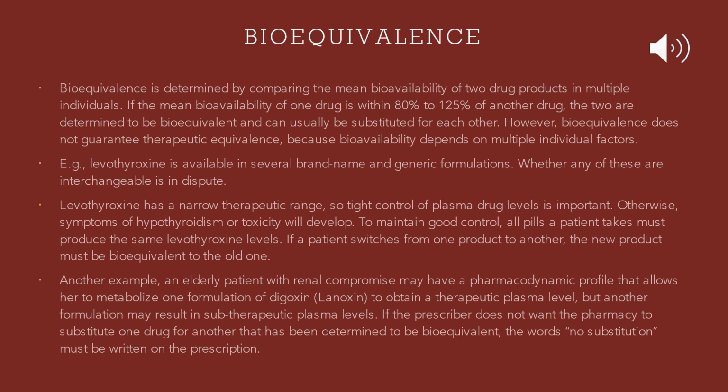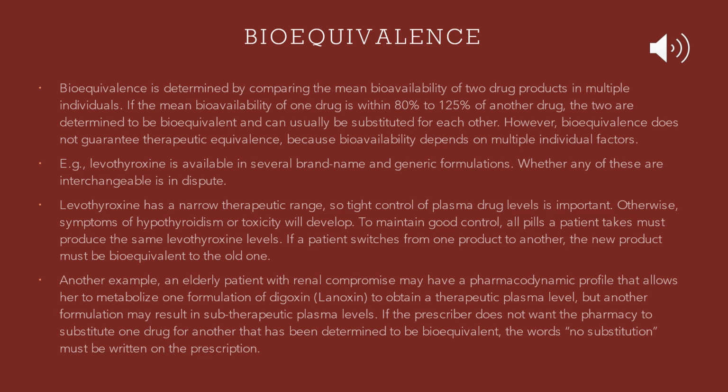Because bioavailability depends on multiple individual factors, levothyroxine is available in several brand names and generic formulations. Whether any of these are interchangeable is in dispute. Levothyroxine has a narrow therapeutic range, so tight control of plasma drug levels is important.